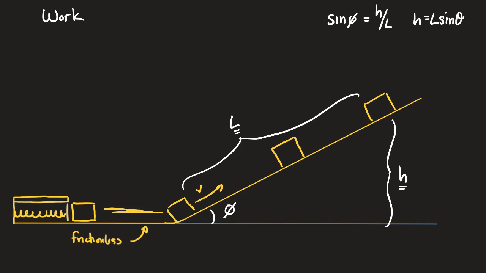Would you all agree that there's a force of gravity down the ramp? How much is the force of gravity down the ramp? Go ahead. Negative mg, the distance, times sine theta.